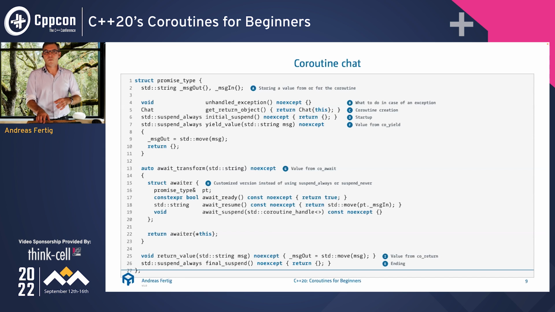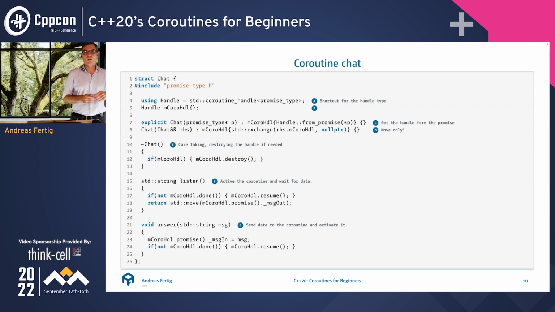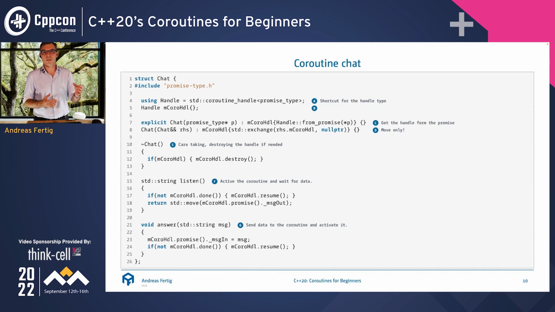So that's the promise type, which brings us to our wrapper type chat. You can see in line number 2, I include my promise type, and then I do a couple of shortcuts for the handle. Of course, we have a type coroutine handle here, which is typed with our promise type, and I'm shortening that to the name handle. And then in line number 5, I say that chat comes with a member variable coro handle of this type.